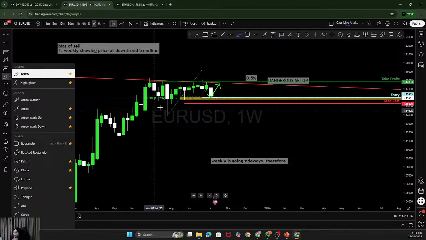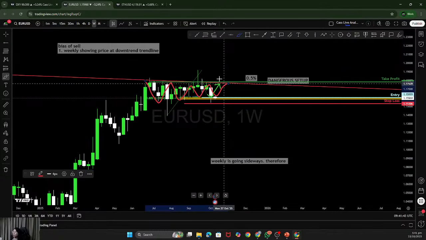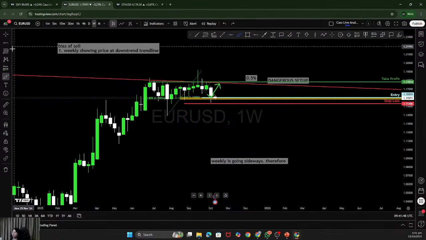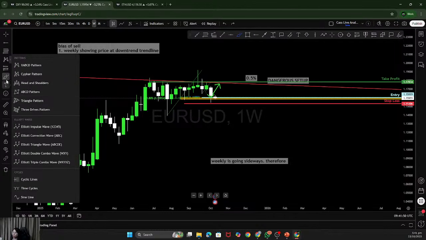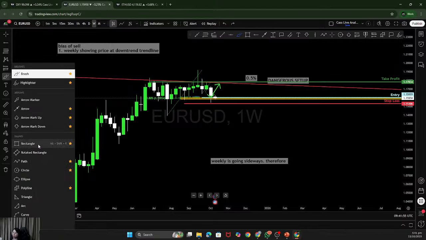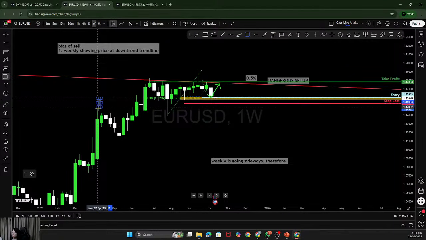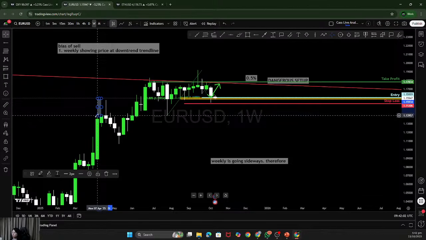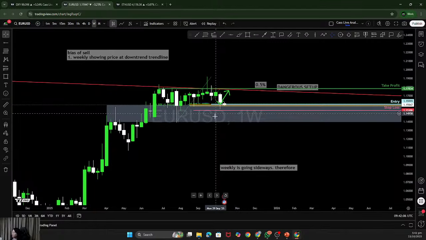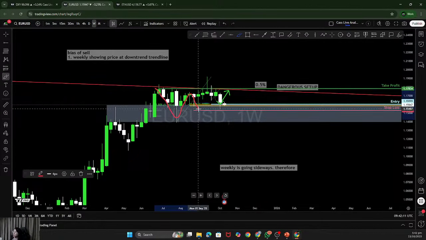So right now, the first information that I have is that price is going sideways on a very big time frame, which is the weekly, and we are at the bottom part. Okay, if you pull out that box, where's my box? Rectangle, there you go. The bottom part starts right now, actually. So we're kind of in that box where it's time for a bounce if price is indeed going sideways.